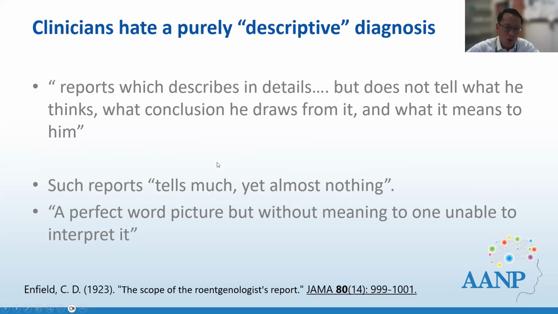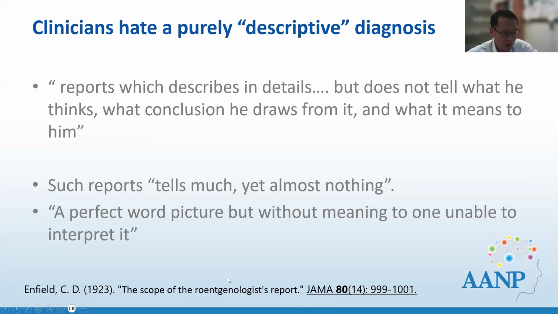Before I get to what is important in these reports, I want to say what is not to be done on these cases. That is, a purely descriptive diagnosis is not recommended because the clinicians hate it. This has been well said in a paper published by Enfield in the 1920s as a JAMA comment piece.